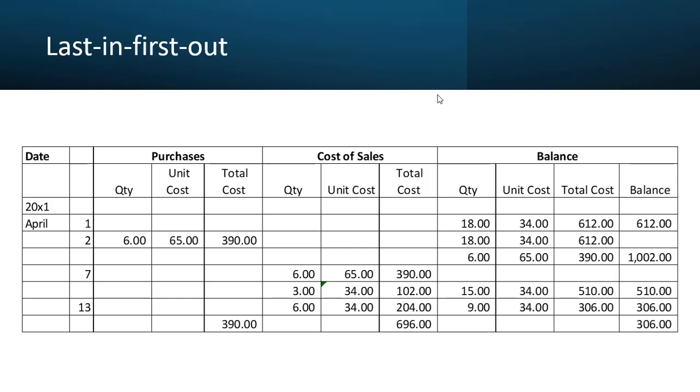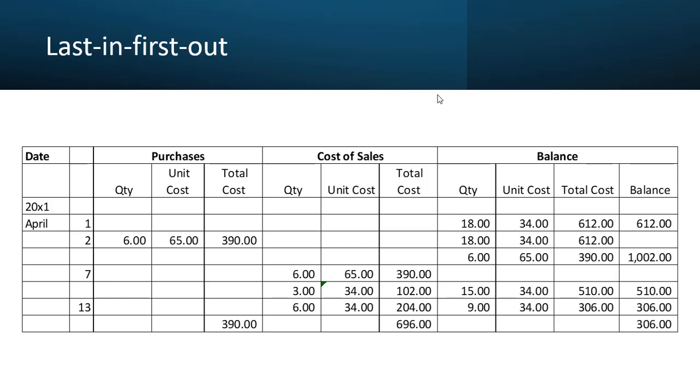In this case, we sold 9 units. Out of 9 units, we need to know how much is the cost, our cost of sales. Now, in the rule on last in first out, the last purchases will be the costing of the sale, the recent one, and then followed by the second recent one.